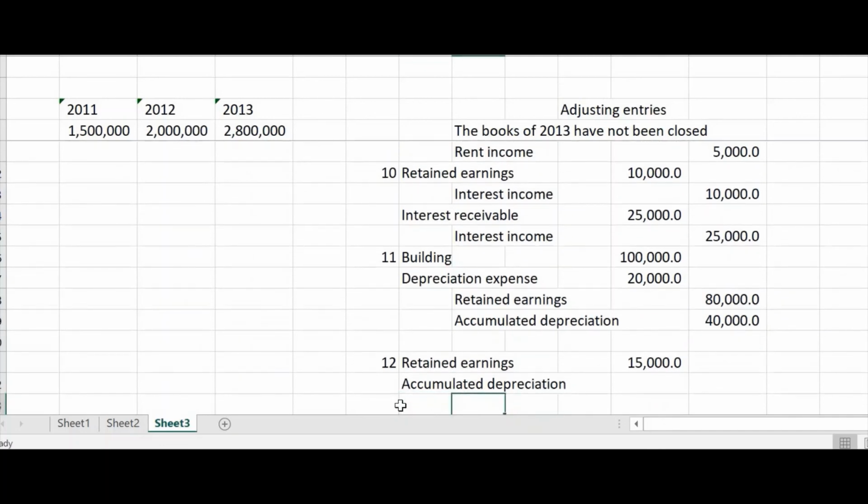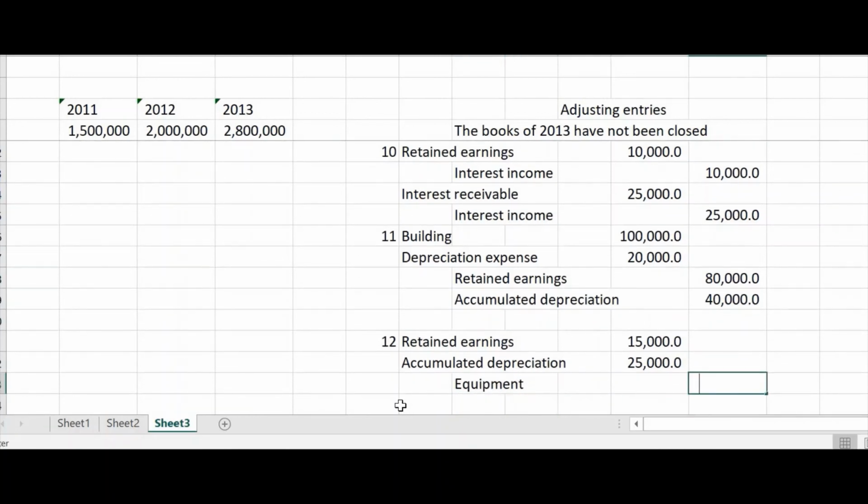Okay? Amounting to 25,000. Kasi 25 yung accumulated. Then, i-credit mo na yung cost ng equipment. Okay? For, of course, the cost, which is 40,000. So, yun yung entry niya to correct that one.